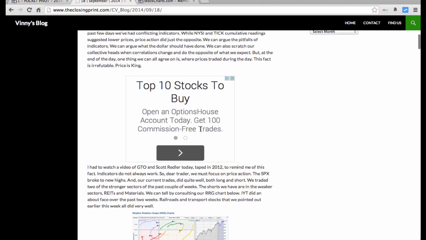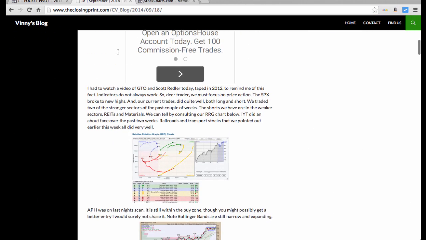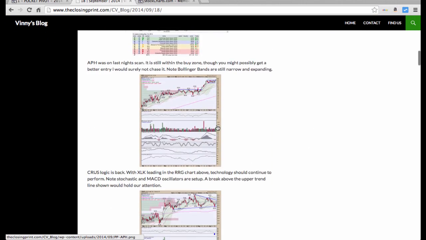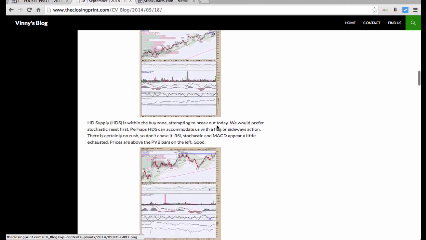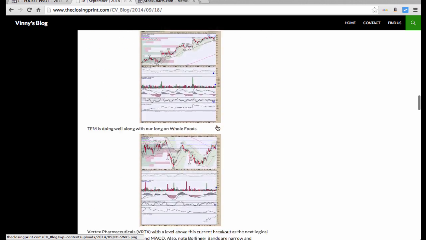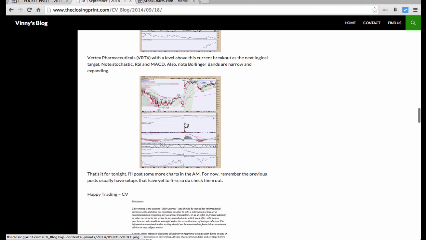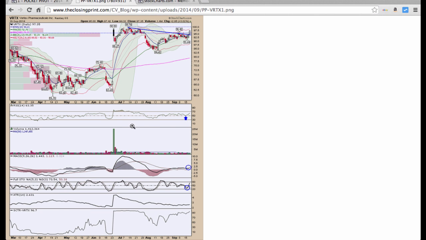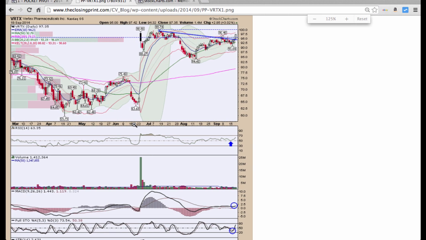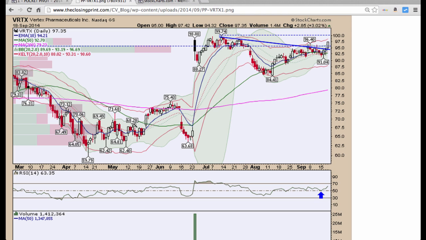we posted a number of charts on our blog, theclosingprint.com, and we looked at Vertex Pharmaceuticals, which you can see here was breaking out of an area right at the 95 level, and we saw this as a potential candidate for a swing.